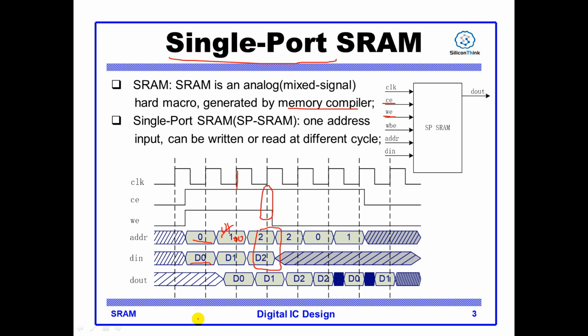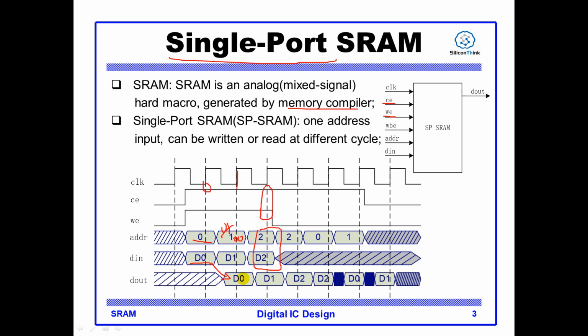And for write, most likely the write data will bypass to D out. The write data of the last cycle will bypass to D out in the next cycle.